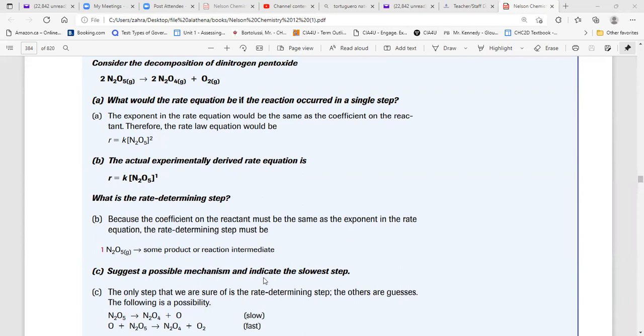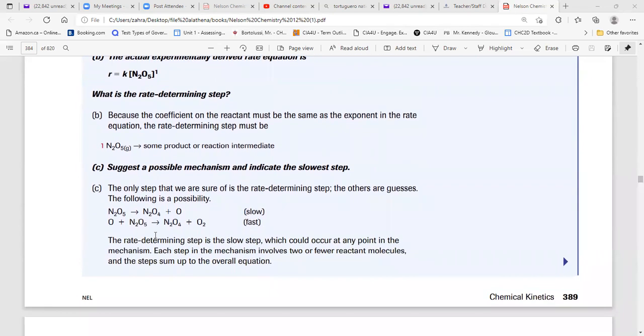Now we want to suggest a possible mechanism. You start with N2O5, which gives you N2O4 plus oxygen. One oxygen is taken off. It's going to be the slow step, because it is rate determining and the coefficient is 1. In the next step, N2O5 reacts with oxygen, and again one of the oxygens goes out and it gives you O2 and N2O4.